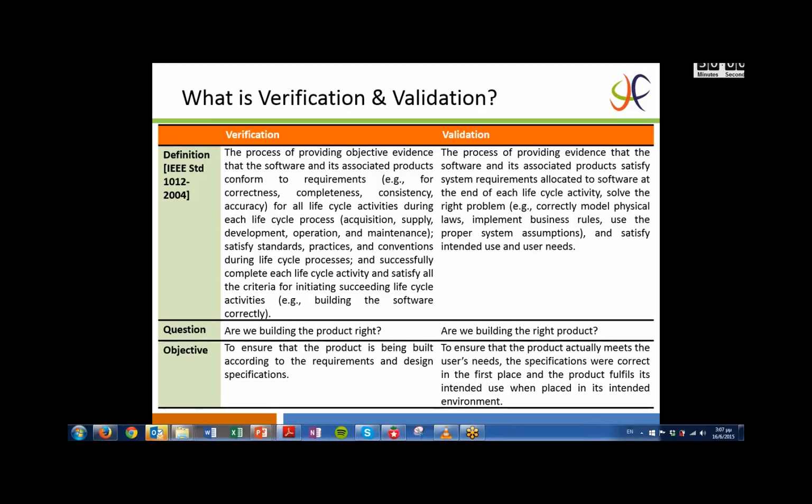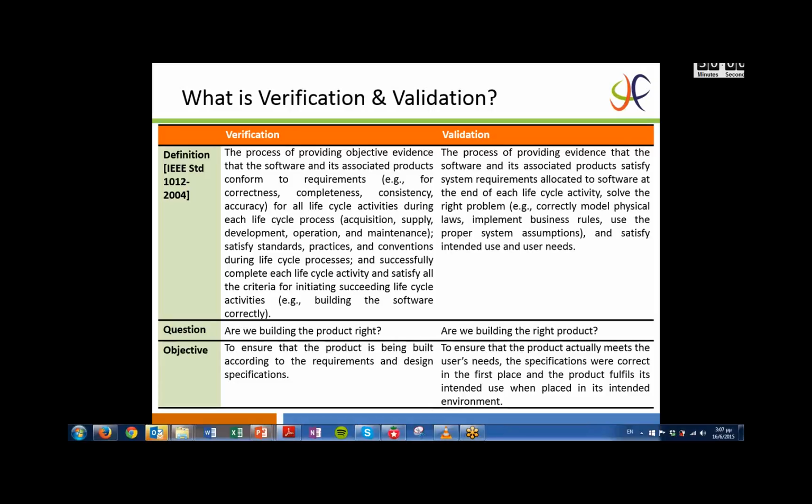What I want us to have in mind is that during the verification activities, the question we have in the back of our mind is if we are building the product right, if it is built according to the requirements and the design specifications.